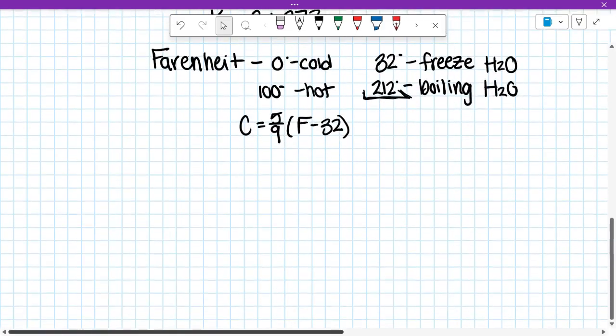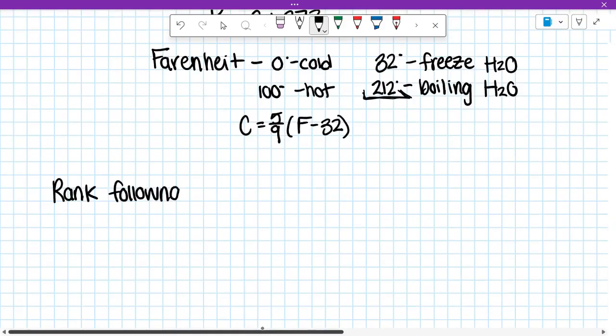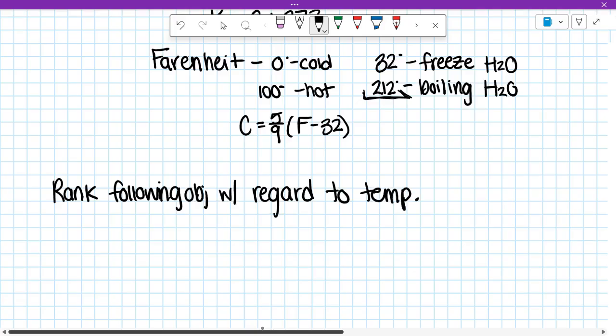So along the lines of temperature, what I would like you to do is rank the following objects with regard to temperature. You're going to touch them and rank them based on temperature.